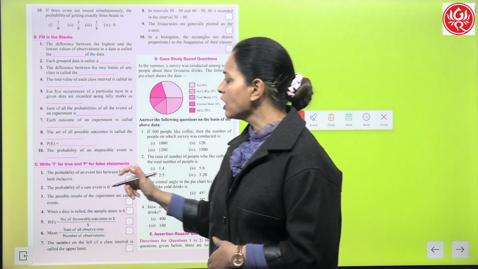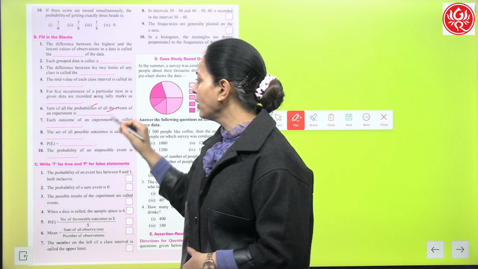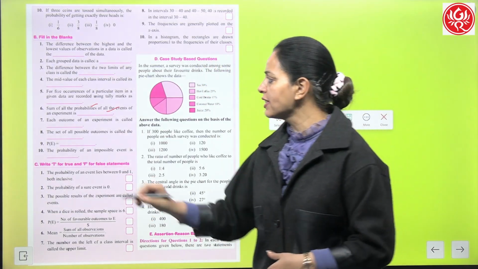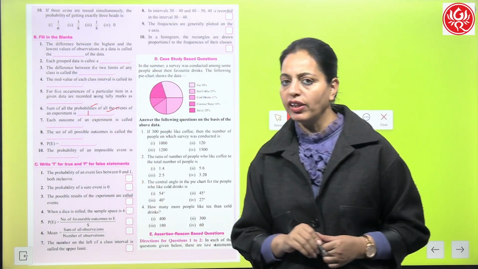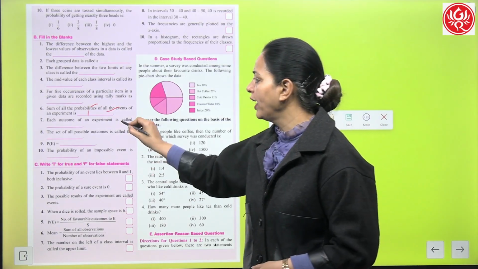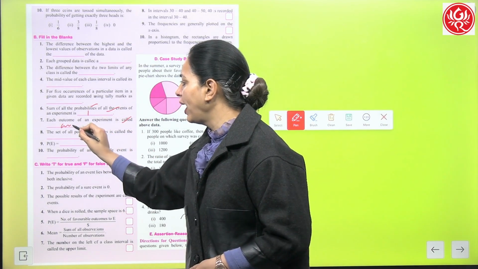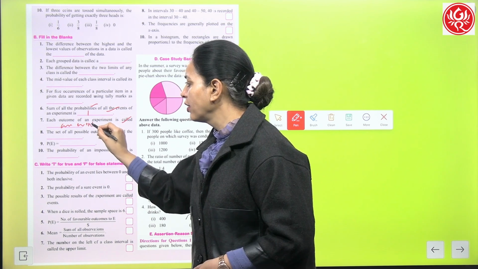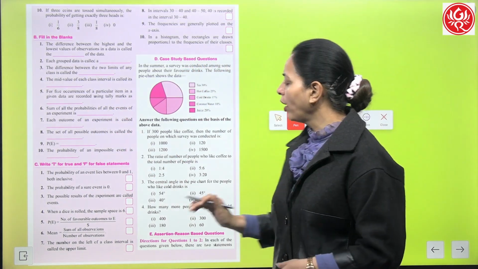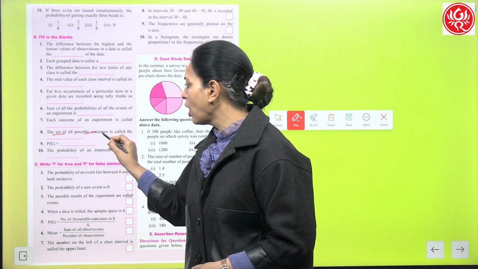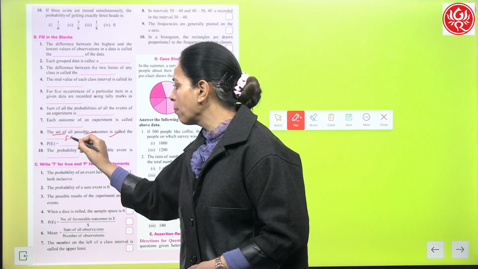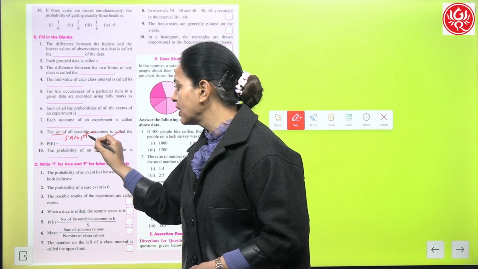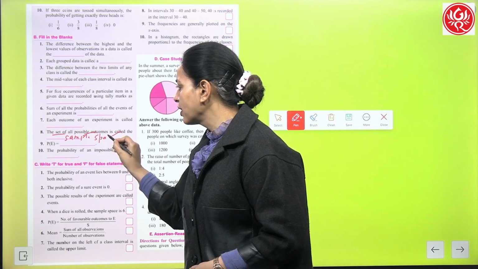The sixth one, the sum of the probabilities of all the events of an experiment is 1. The seventh, each outcome of an experiment is called an event, right? The eighth one, the set of all possible outcomes is called the sample space, S, sample space, right?